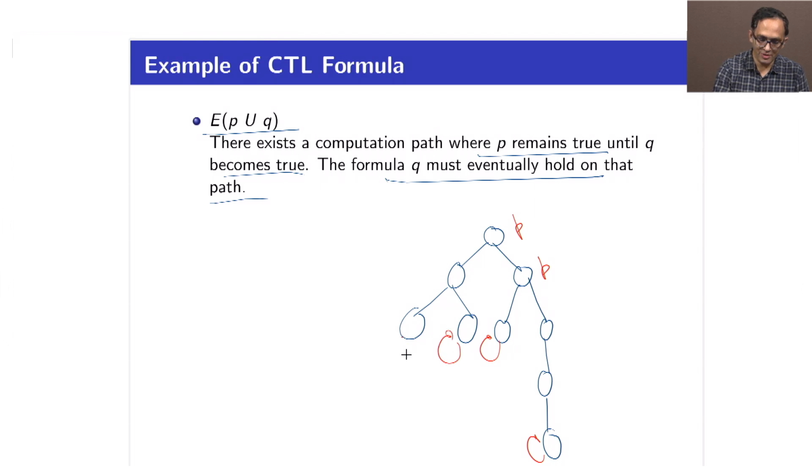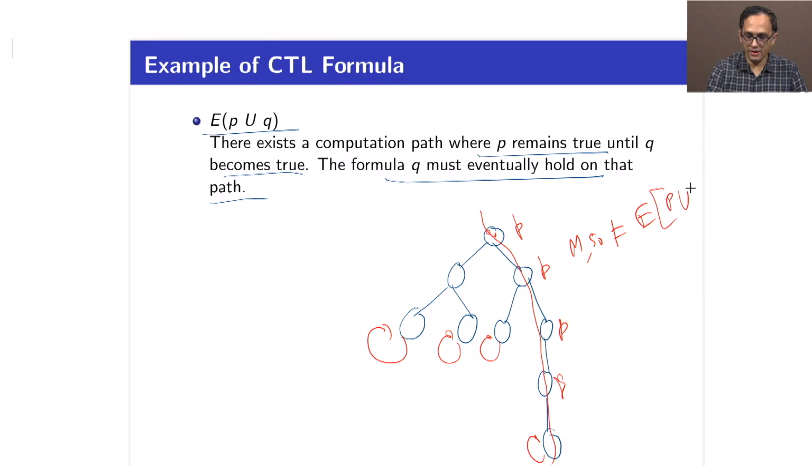I am always drawing this, but please remember these are all infinite, your computation is going on forever. Let us say P holds here, Q holds here, and after that I do not need to care. So, now I have found one computation path in which P holds until Q holds, right. So, I will say that this model, S0, satisfies E(P until Q), because this is the path. But if you do not find any such path, then we say it does not hold.